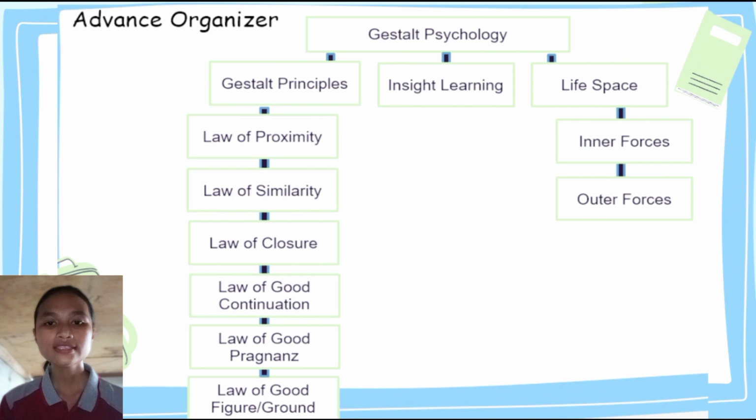The first is the law of proximity, then the law of similarity, the law of closure, the law of good continuation, the law of good fragments, and lastly the law of figure and ground. In the life space, there are the inner force and the outer force. We will tackle all of that in this module.